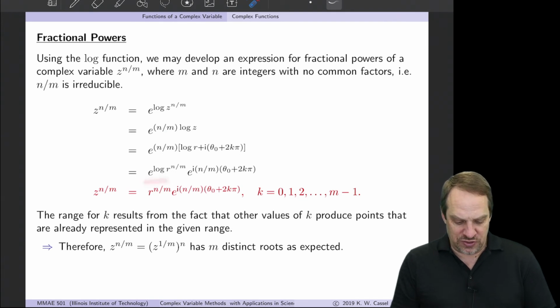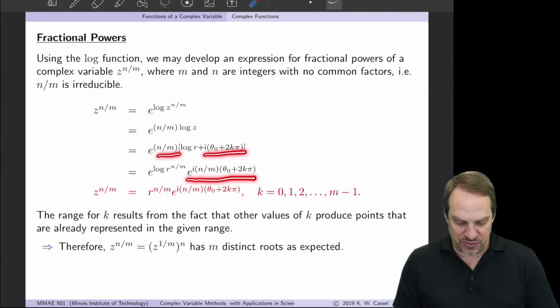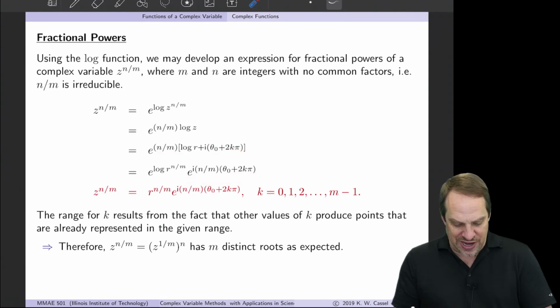So e to the first something, log r to the n over m. Now I've taken the n over m back and put it on the r as a power, times e to the i n over m times theta 0 plus 2k pi, which of course comes from here. So now look what happens. So the e to the log r of n over m, well, that's just r to the n over m. And then I have this exponential.